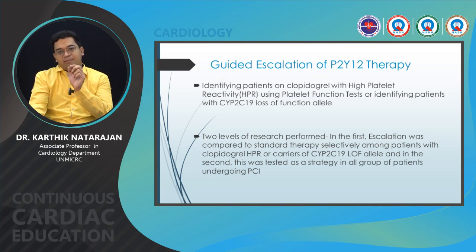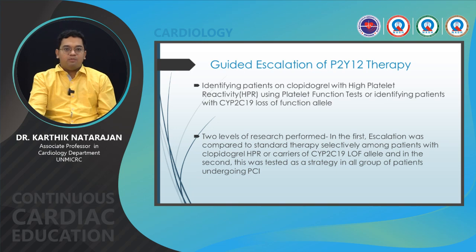You cannot have a particular value which can be called high HPR. Also, proper escalation of the P2Y12 therapy was not there in most of these trials, and hence all these trials failed to show a benefit.